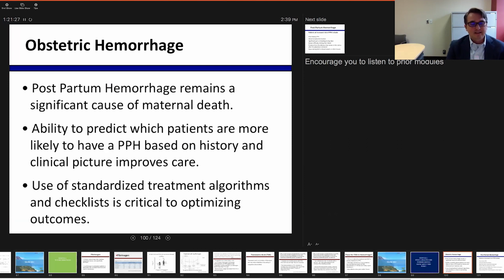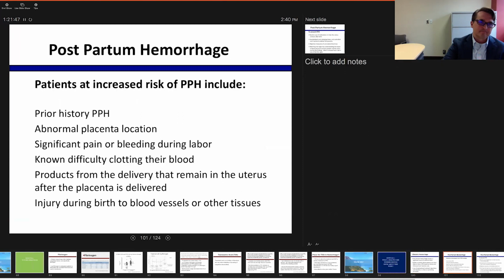Having said that, there are certain cases where we didn't see risk factors and postpartum hemorrhage can develop. I think it's critical to have some sort of standardized treatment algorithms and checklists for managing maternal hemorrhage that are specific to your healthcare facility in order to optimize your patient's outcomes.